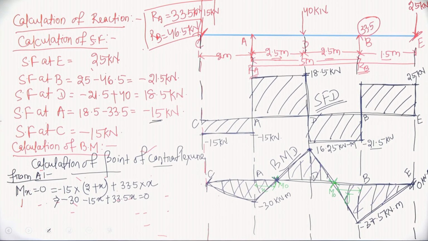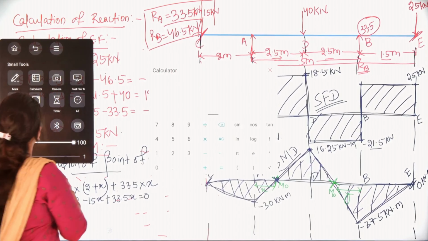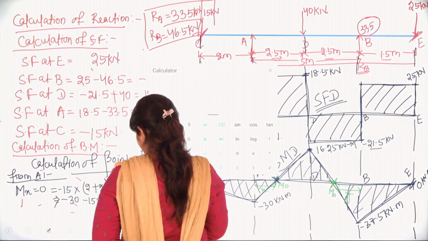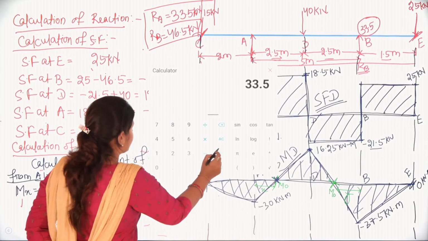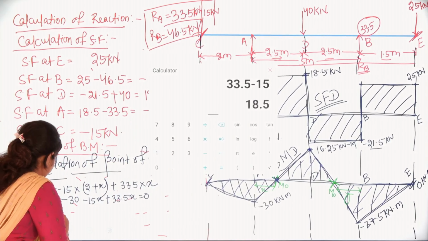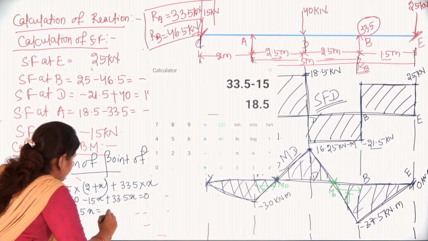We can write it. Next, let's use the calculator. Plus 33.5x minus 15x is your 18.5x, equal to 30.